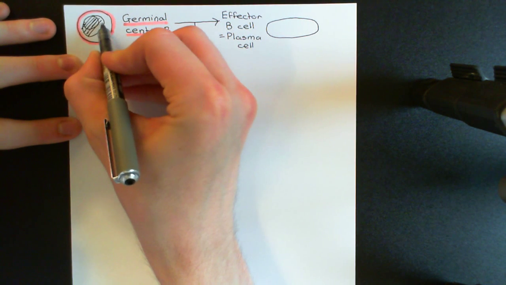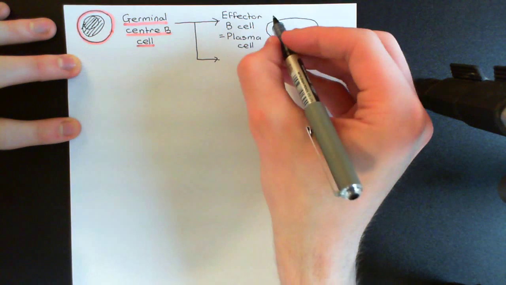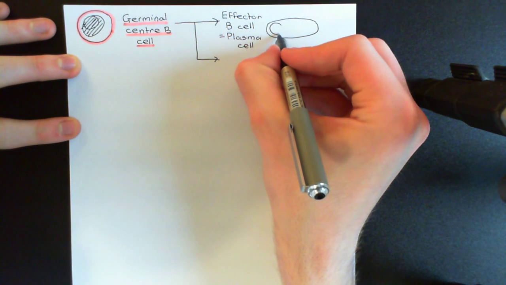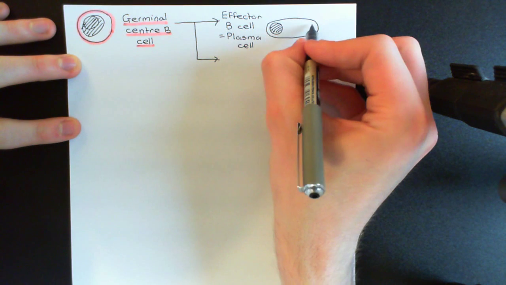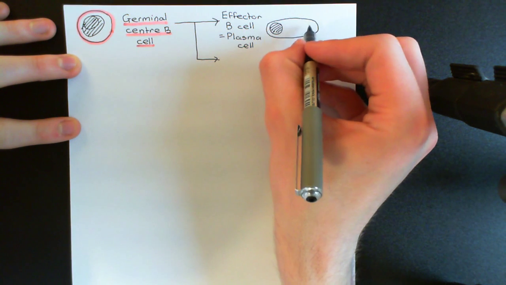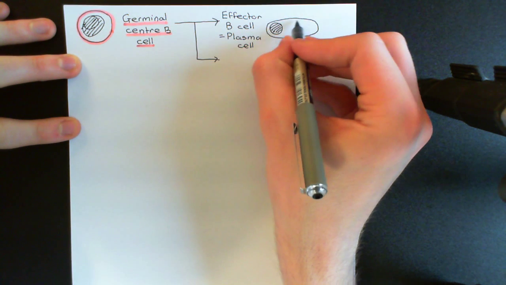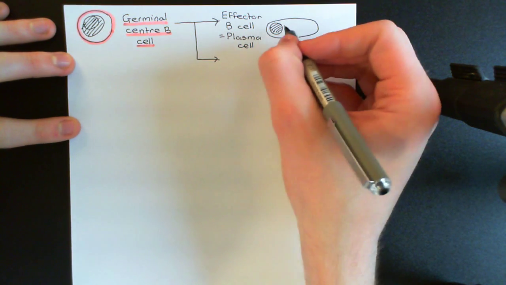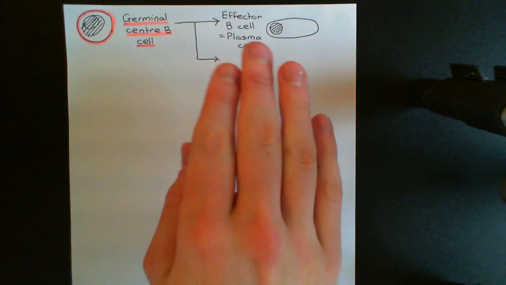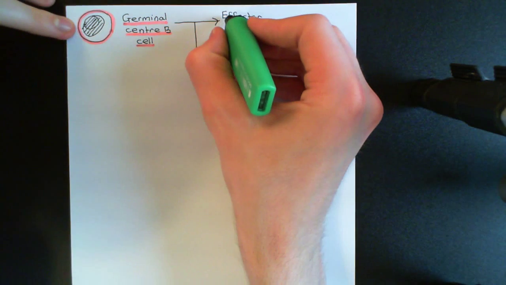The nucleus dominates the cytoplasm of the cell, whereas effector B cells have an oval shape and they have a much larger cytoplasm to nucleus ratio, and this cytoplasm is going to be where all of the secreted antibody molecules are actually going to be made, because that's the characteristic thing that effector B cells do.